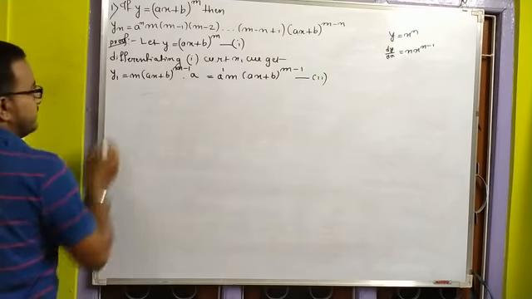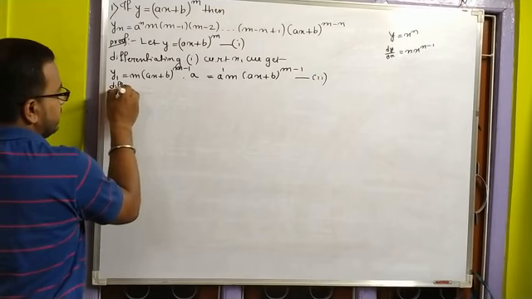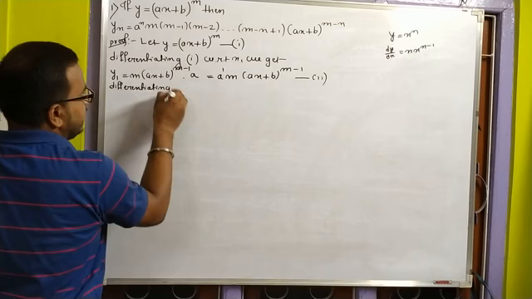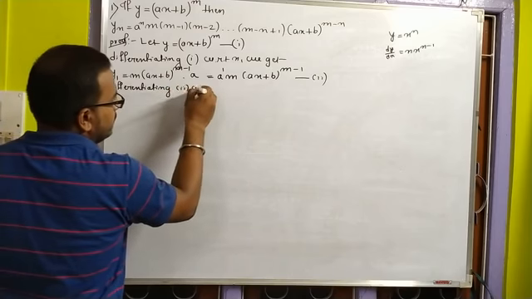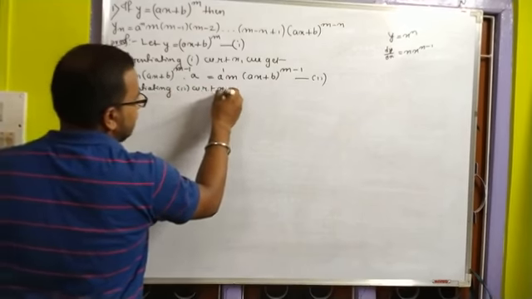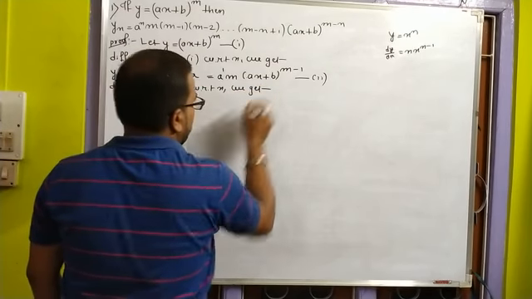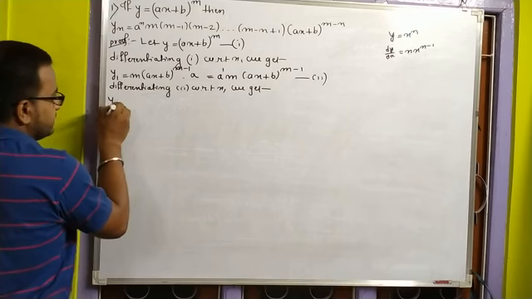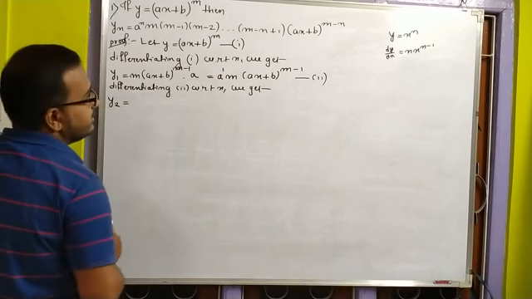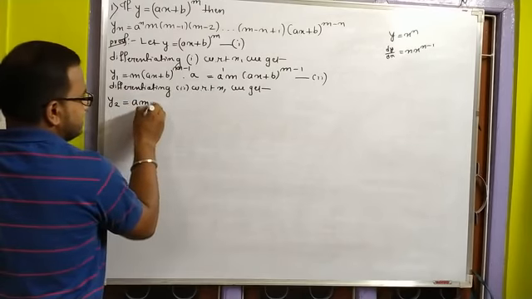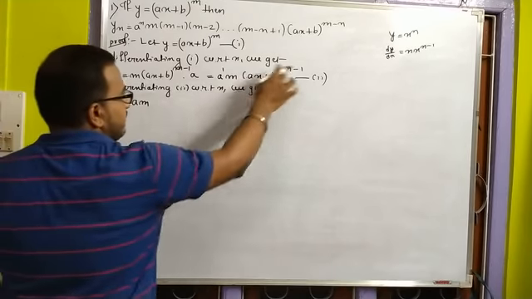So again, differentiating 2 with respect to x, we get y2. Y2 will be what? A is constant, so you can keep it like that. Then the derivative of this will be what?